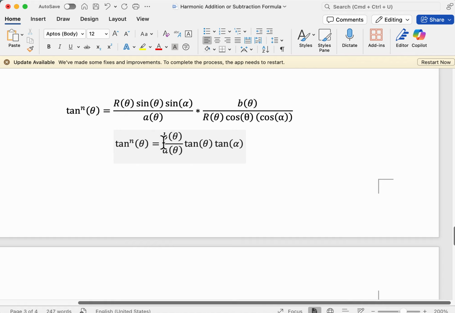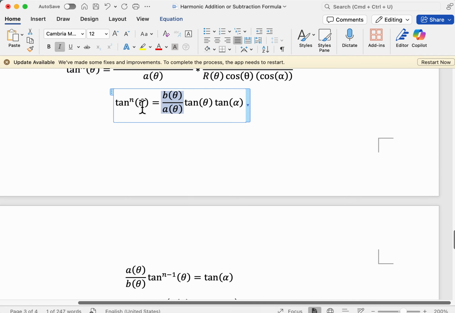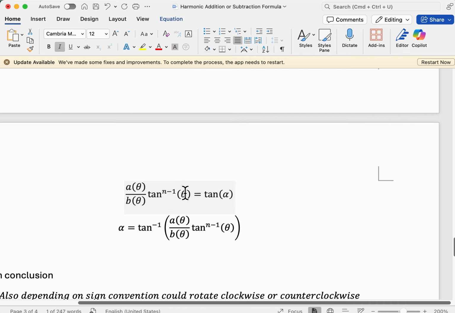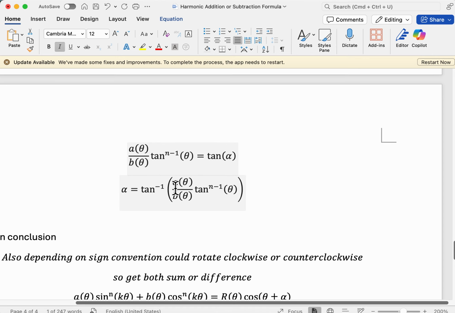Given that, we do a bit of cross multiplication here, b of theta, a of theta here, and then cross multiply to the other side. We can divide both sides by tangent theta to get rid of one theta here, and we get the final result that alpha equals inverse tangent of a of theta over b of theta times tangent to the n minus 1, the n minus first power of tangent of theta.